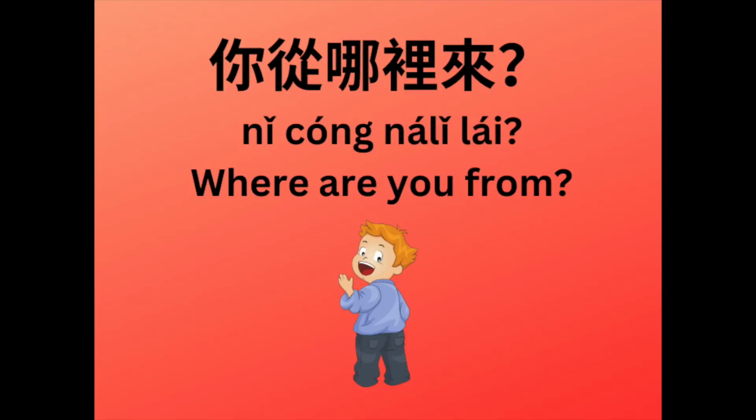The second one. 来. 来 means to come. With that, you don't use the word 到. You use the word 从. 你从哪里来?